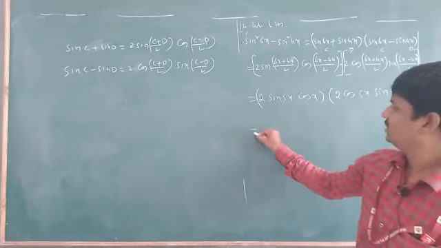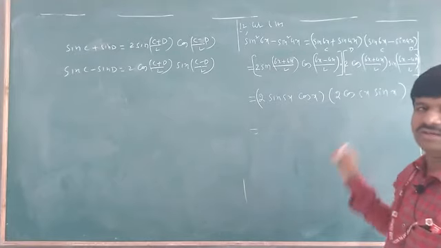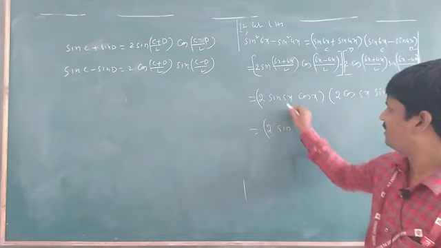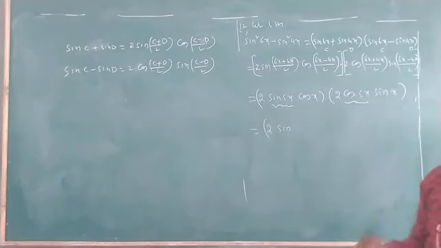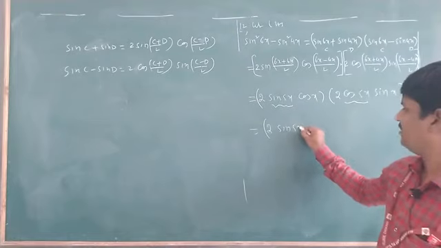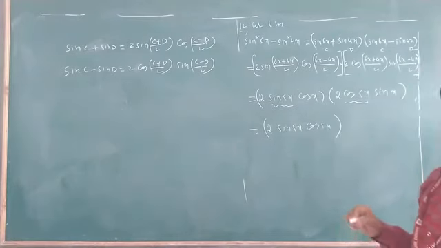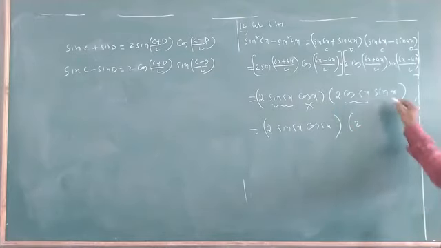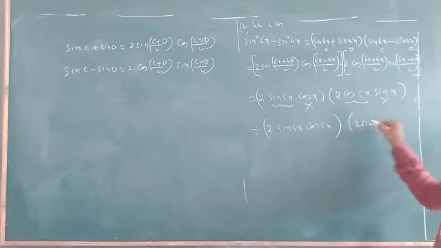Just observe, these are all products only, but for our convenience I am writing like this. Sin 5x is there, no? This sin 5x and cos 5x I am keeping in one place, so sin 5x into cos 5x. Next, into 2, this is cos x and sin x, I am keeping in one place.